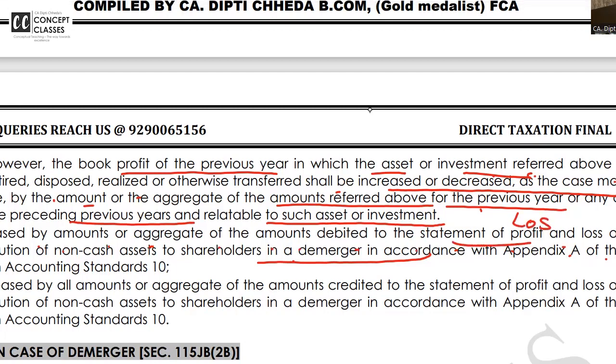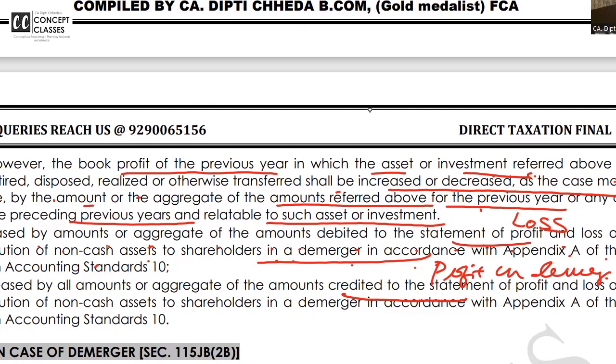If you have debited some loss in the P&L account while the assets are transferred, add back that loss. Add back that loss. That also, when it is actual, then we will deduct. Decrease the amount credited. If you have credited some profit on demerger in the P&L account, remove that profit. I'll tell you how the profit and loss will come.